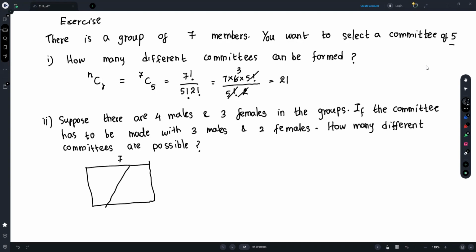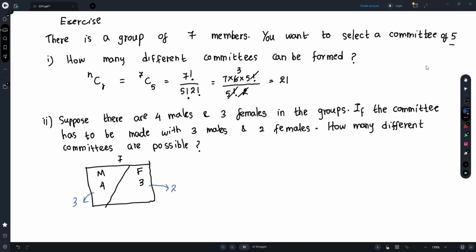How many males are there? 4 males, 3 females. Okay. So what is the formation of the committee? There should be 3 males and 2 females. So you have to select 3 males out of these 4 males, and you have to select 2 females out of these 3 females.